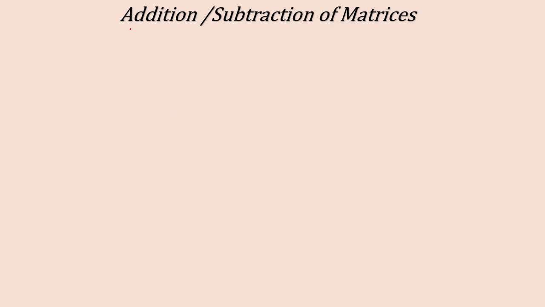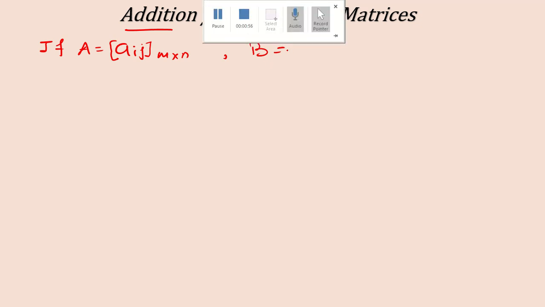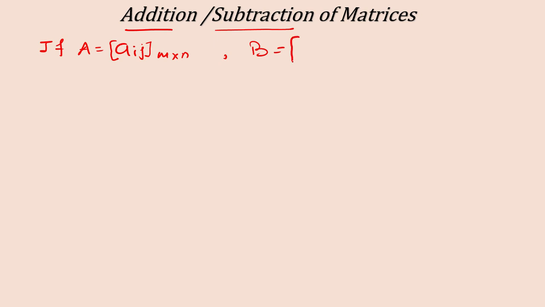First is addition or subtraction of the matrices. This is very easy for you. If a matrix capital A is given by Aij with its order m by n, and B is another matrix with elements Bij, and its order is also m by n.